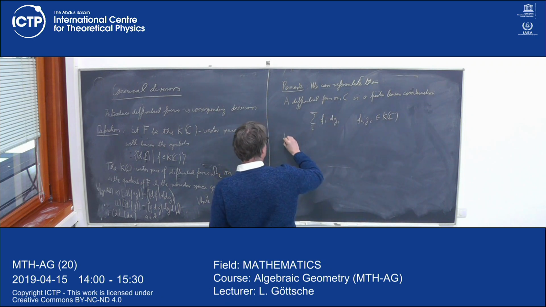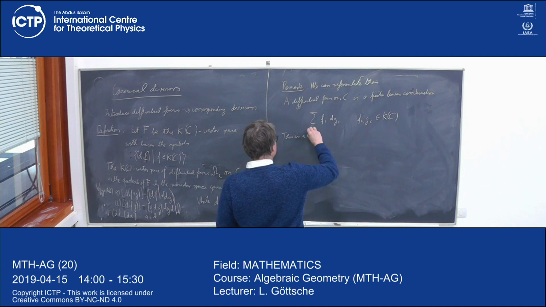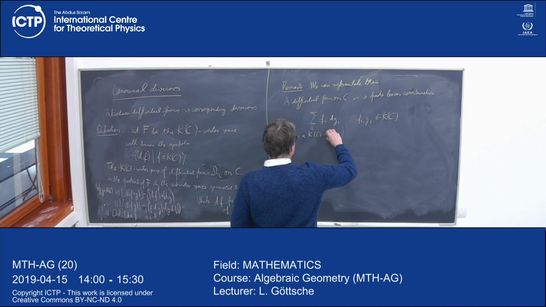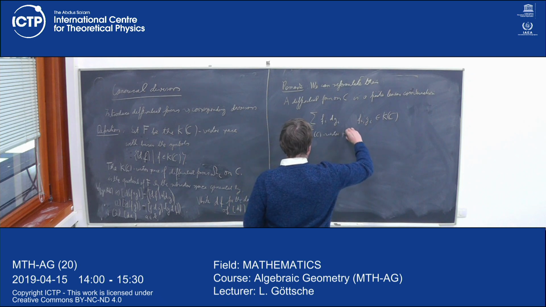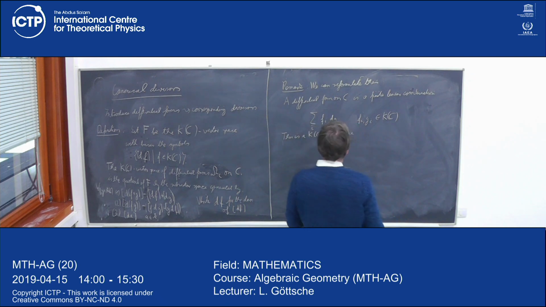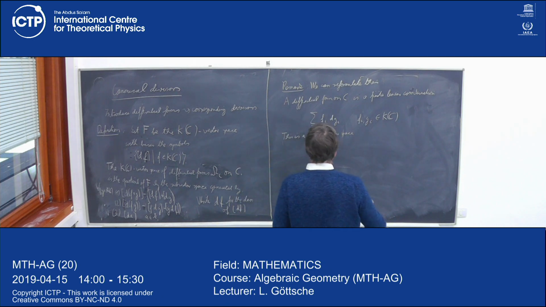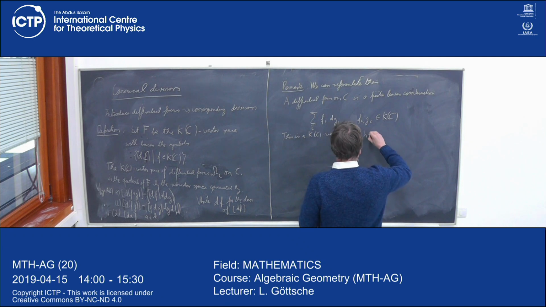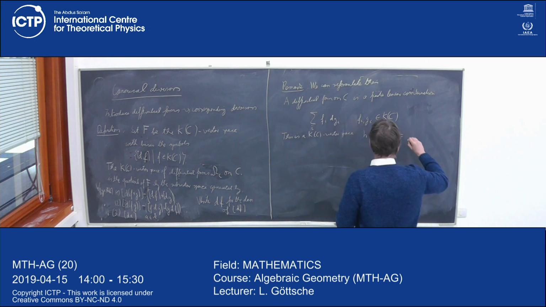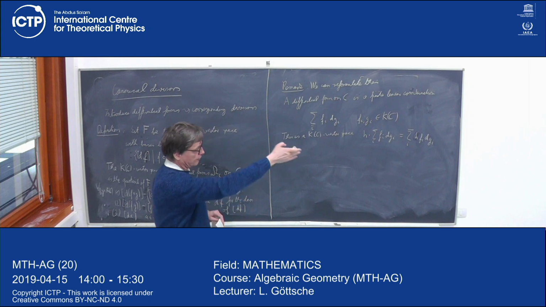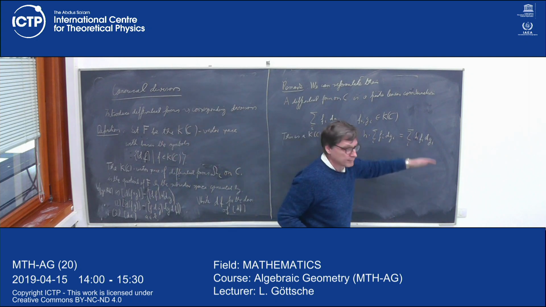So this is a K(C) vector space by just multiplying by functions. So h times the sum of f_i dg_i is equal to the sum over i of h f_i dg_i. And obviously the sum corresponds to the sum of the coefficients.